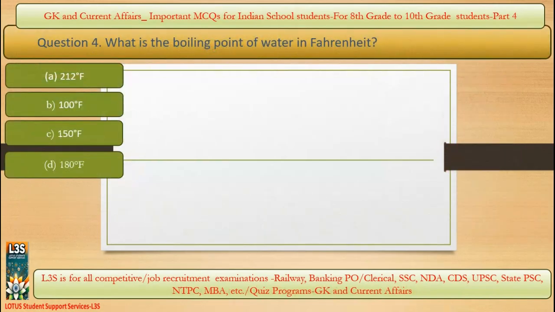What is the boiling point of water in Fahrenheit? It is A, 212 degrees Fahrenheit.